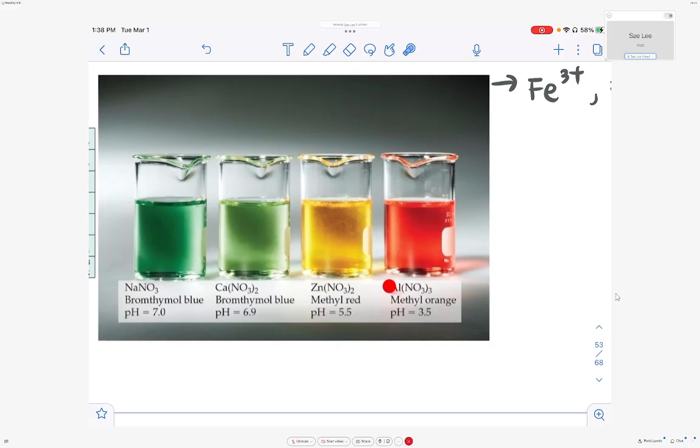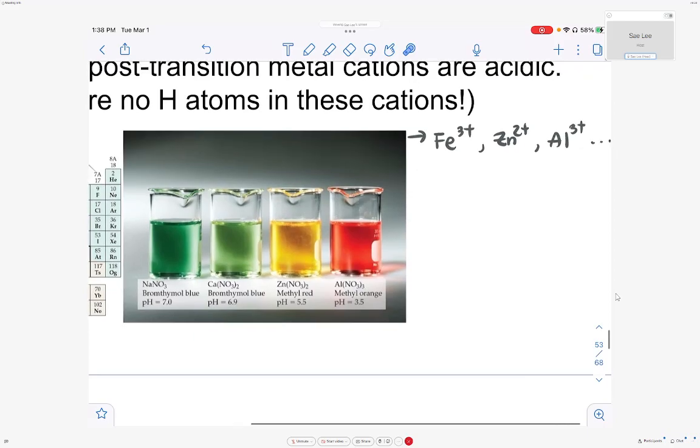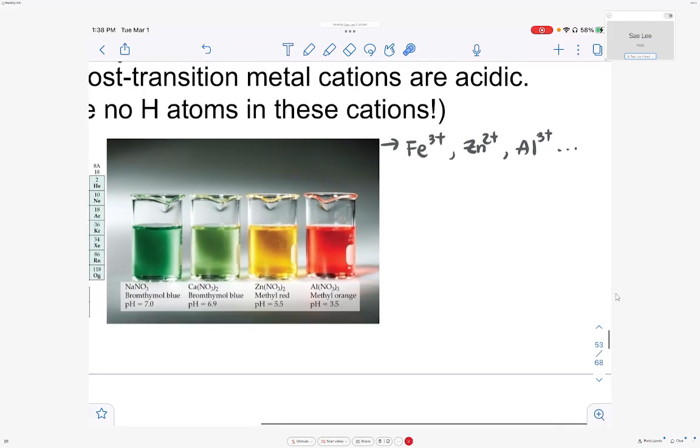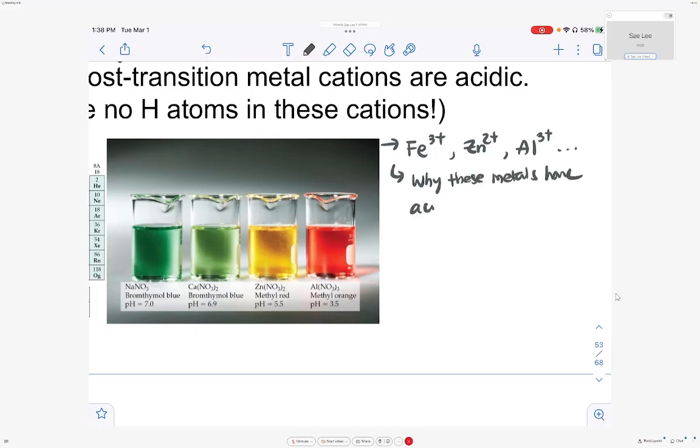So what makes these metals possess acidic property? Why do these metals have acidic property?